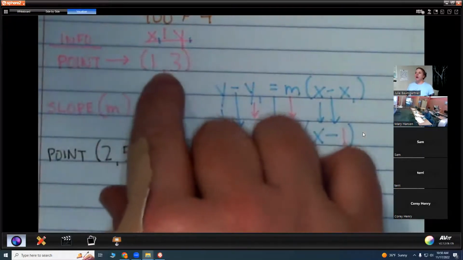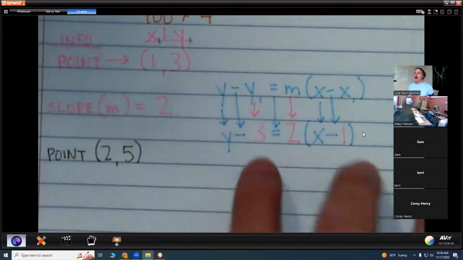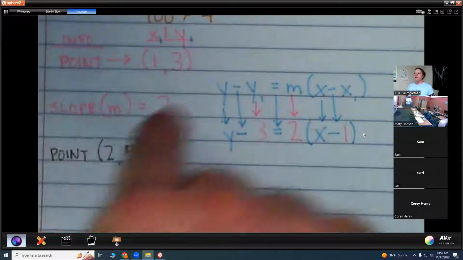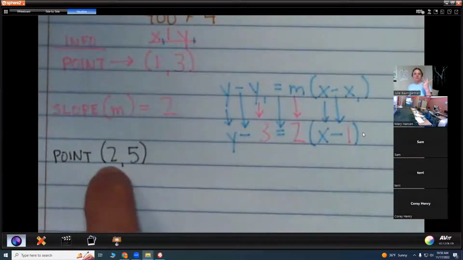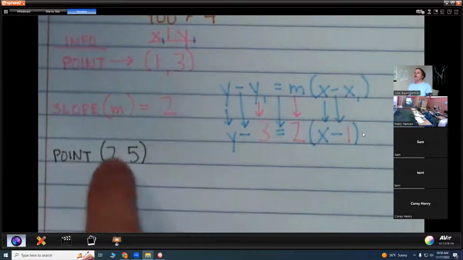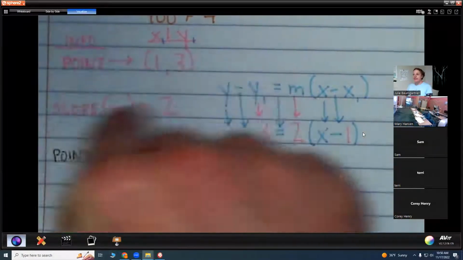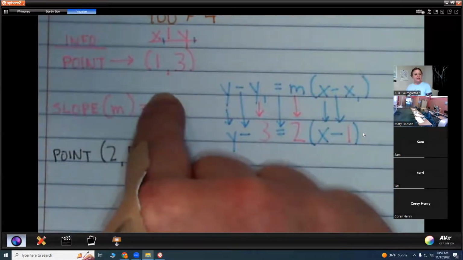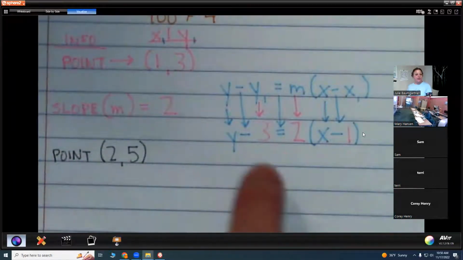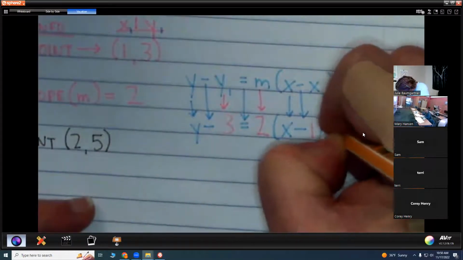Okay, so this was the point that we knew for sure. And now that we've got our equation from the information that we have, we can test the second point and determine, does this point also fall on this same line? Does that make sense?